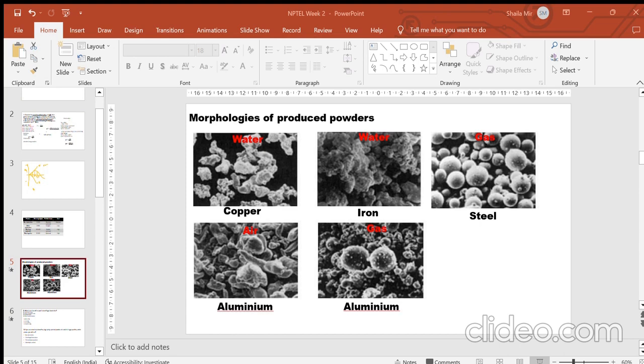The next question is, which gas is suitable for gas atomization? CO2, nitrogen, oxygen, or air? Which of these gases is suitable for gas atomization?